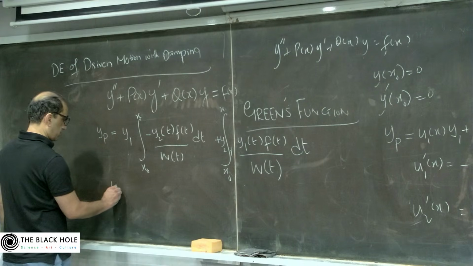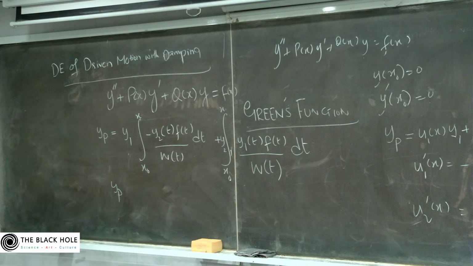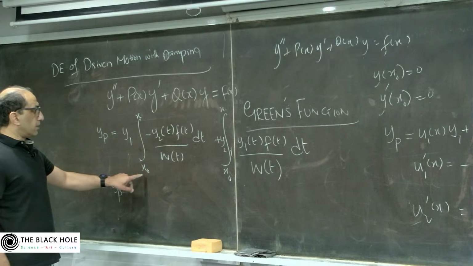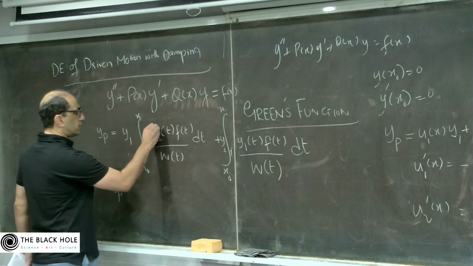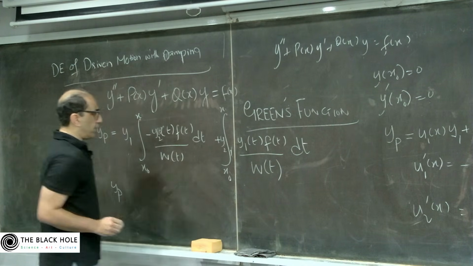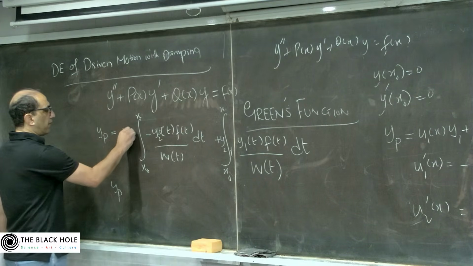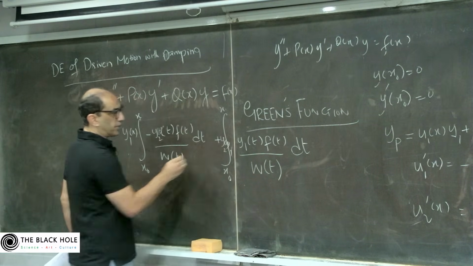So now I can write this as: this is y2 of t, this is y1 of t, this is y1 of x, this is y2 of x.